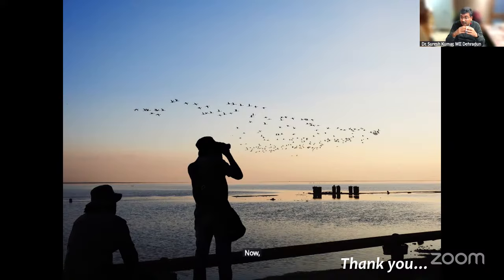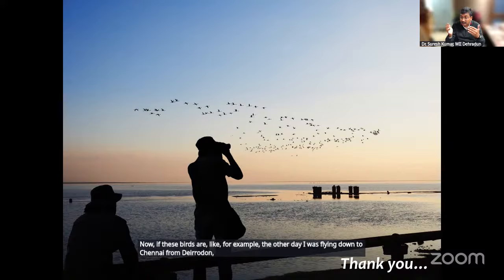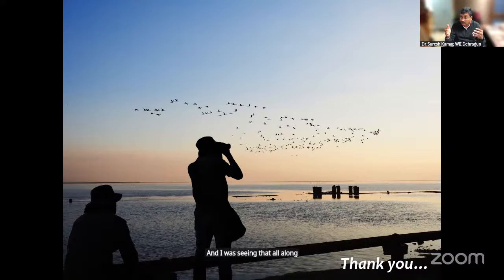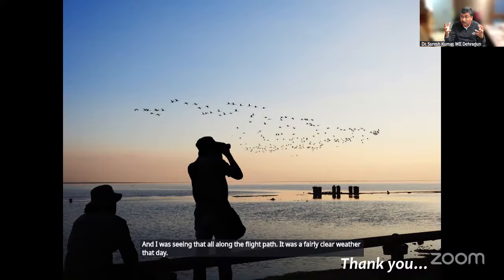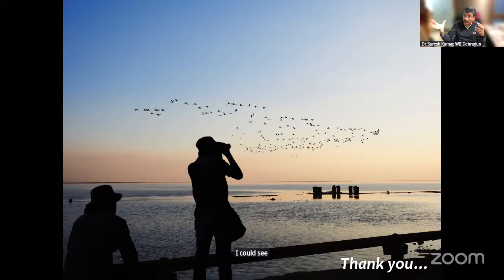The other day I was flying down to Chennai from Dehradun, and I was seeing that all along the flight path it was fairly clear weather. I could see cities all showing up, these highly lit areas from the sky. So some of these birds may also be using these as landmarks.